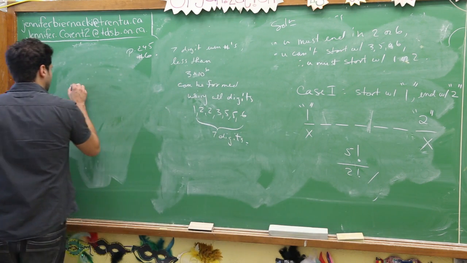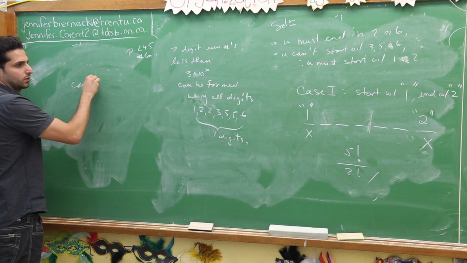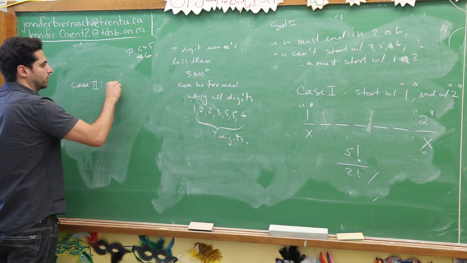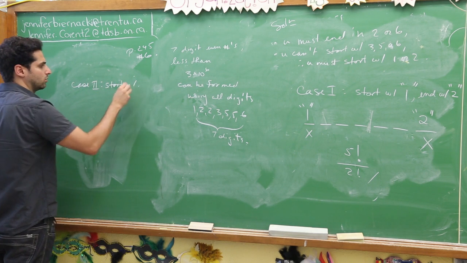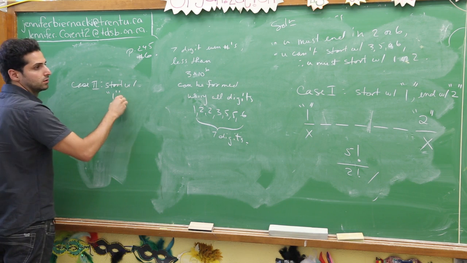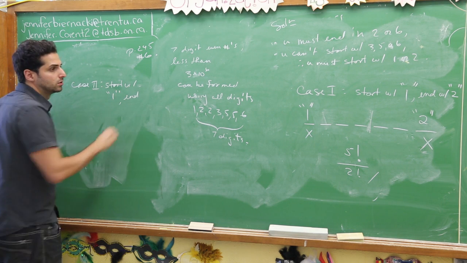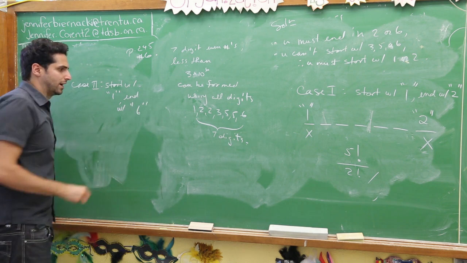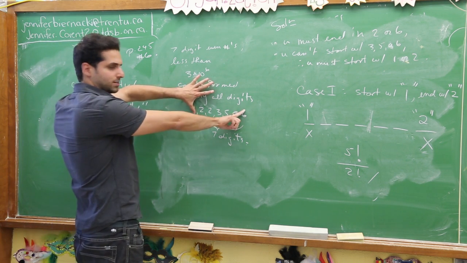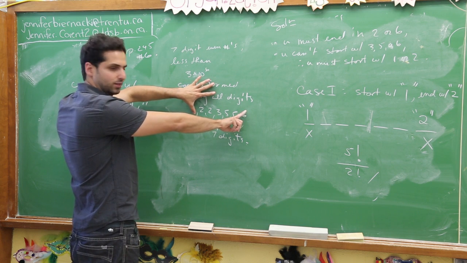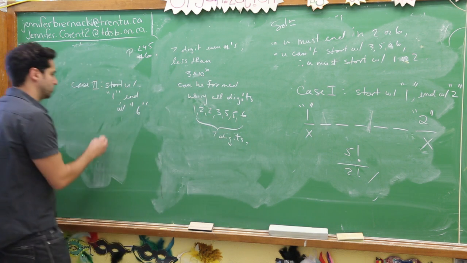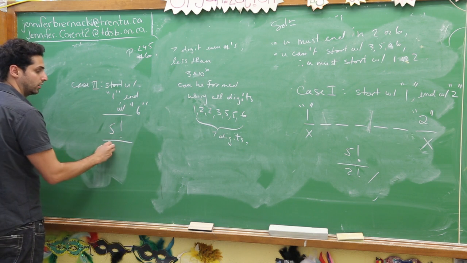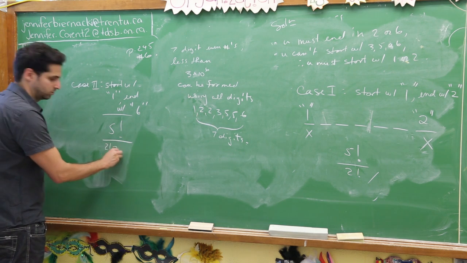So then I could say case 2: start with 1, and then end with 6. Now you're taking this out and you're taking this out, but notice it's a little different. Now you have 2 sets of doubles, so your answer is going to be 5 factorial over 2 factorial and 2 factorial.